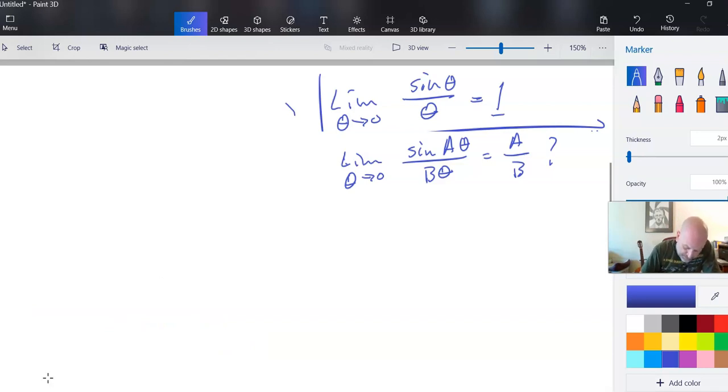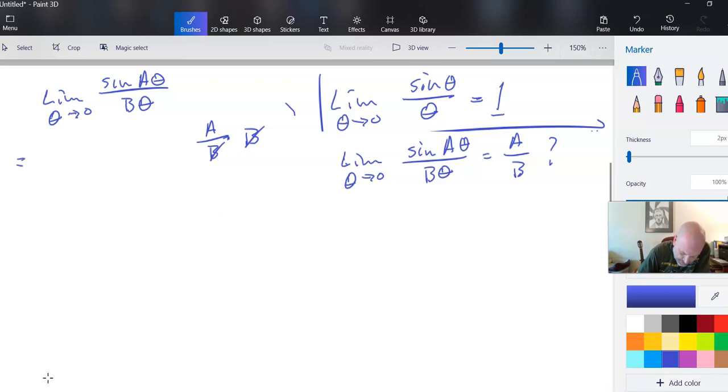Okay, so this time we're looking at the limit of sine A times theta over B times theta, and we're looking at this as theta approaches 0. The first trick we used, we wanted this B to be an A. So for that to happen, what I need to multiply it by is A over B, and that cancels those things out.